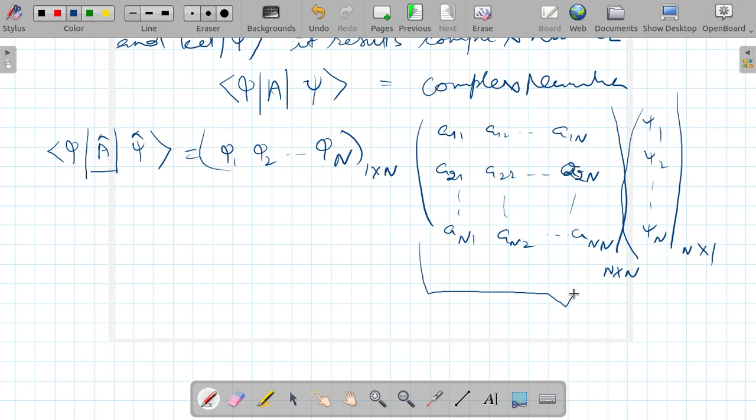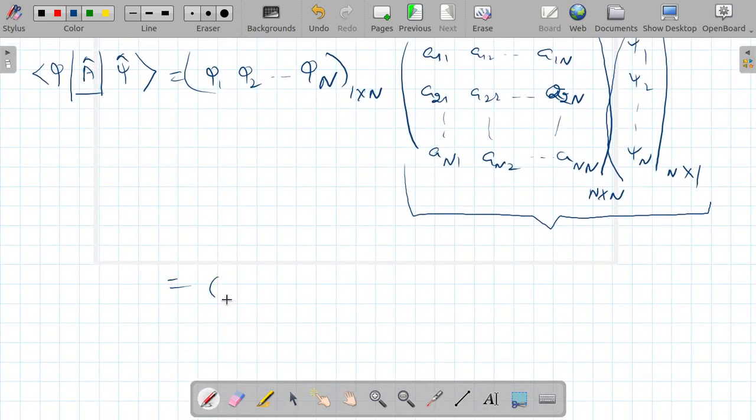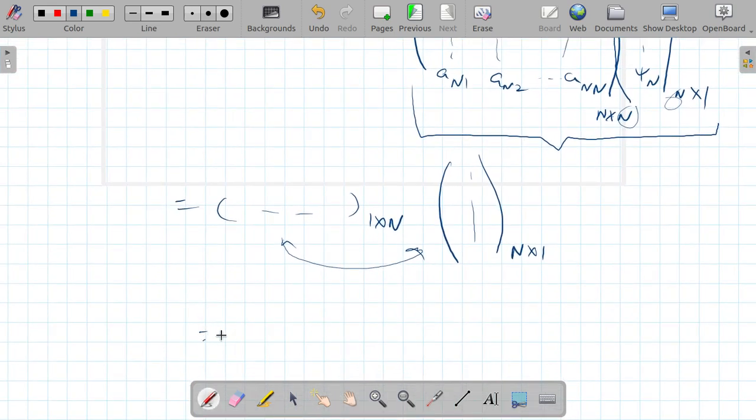First, let me multiply the first two. The resultant will be a row matrix of 1 by n, and this multiplied with the column matrix of n by 1 gives a matrix of 1 by 1.